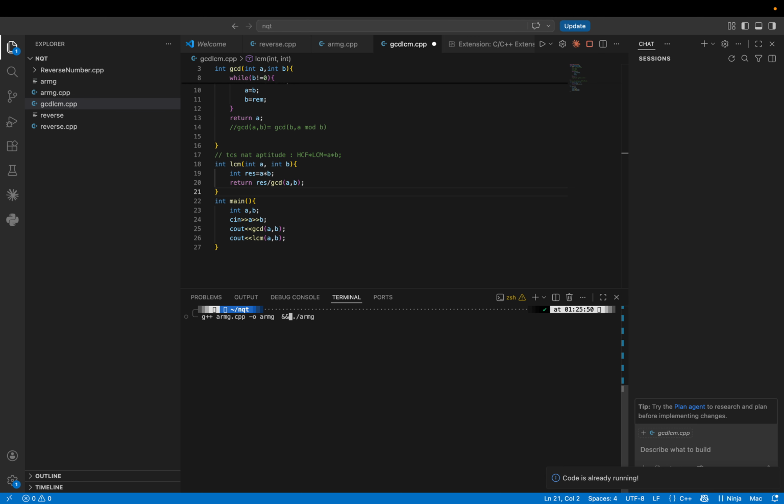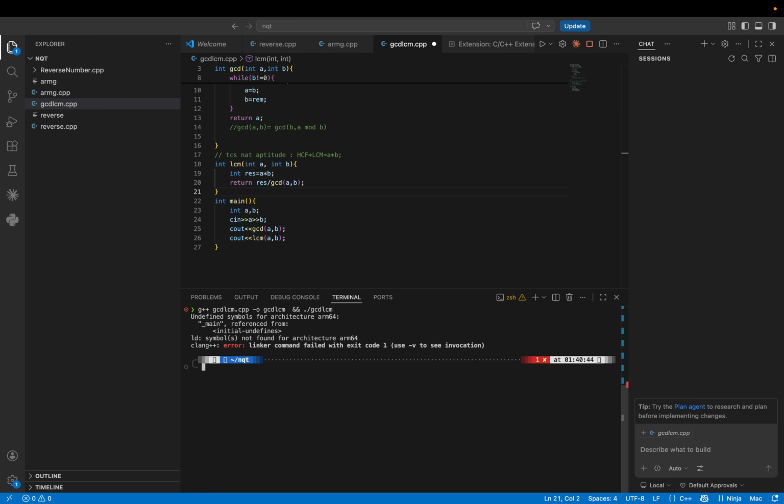This is our GCD LCM.cpp. Next time I'll write short names, not these weird ones. It says not found. What's the problem now, did I save it or not? Let's check again.